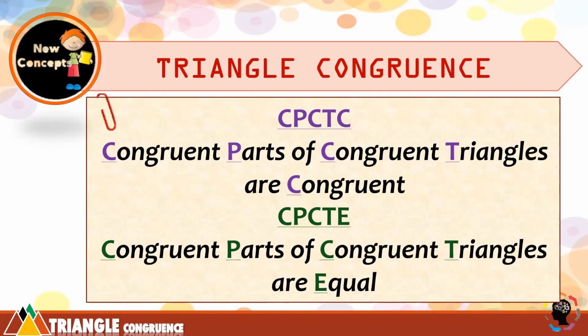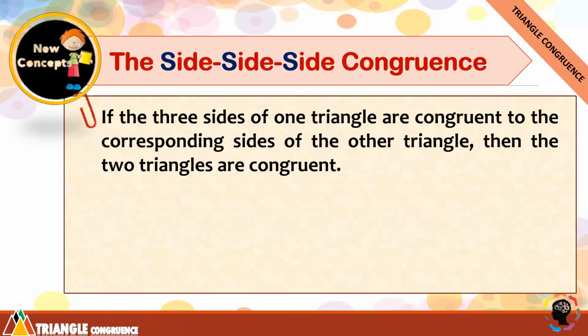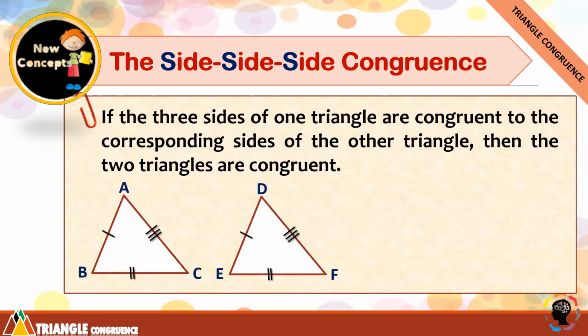Continuing, we have the SSS congruence postulate. If three sides of one triangle are congruent to the corresponding sides of another, then the two triangles are congruent. For example, this one, ABC and DEF. If you notice, there are markings there that you can see.